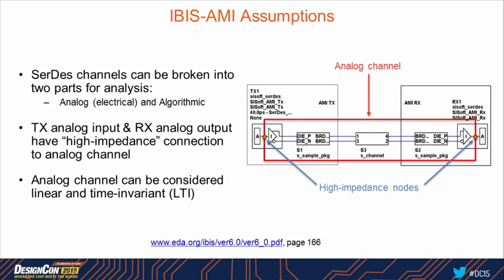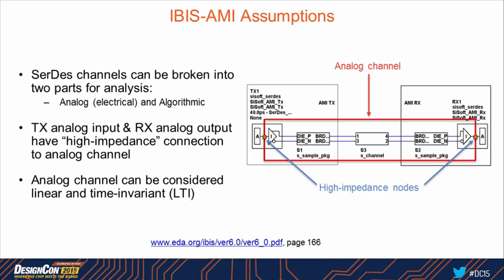So first and foremost, as within any engineering process, when we look at IBIS-AMI, it's important to understand what the fundamental assumptions behind all of the analysis are. IBIS-AMI is built on a fundamental assumption that with a high-speed serial link, we have nodes at the transmitter and the receiver end that we can think of as high impedance nodes, where we have a partition between something we think of as signal processing and something we think of as circuit simulation.